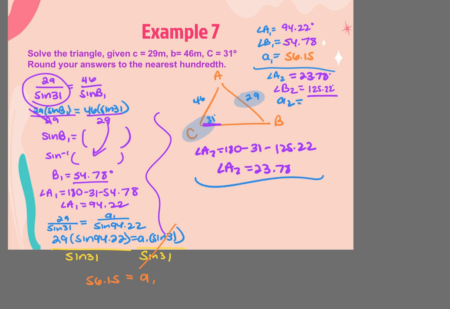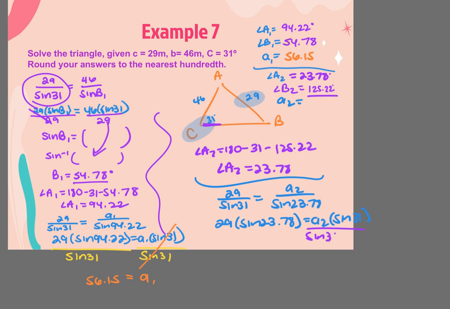So I'm going to use original C's, 29 over the sine of 31 equals A2 over the sine of 23.78. Cross multiply, and divide by the sine of 31.